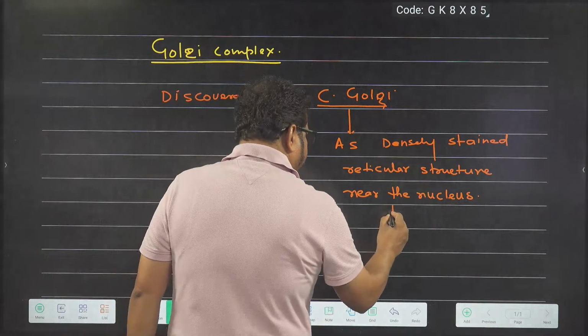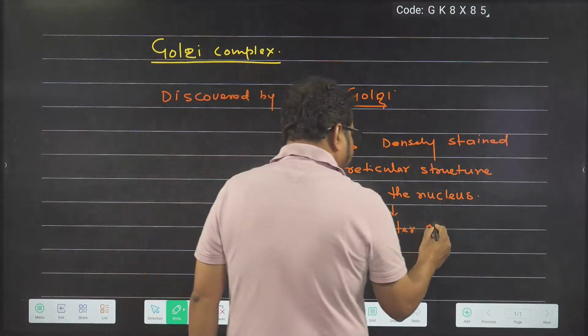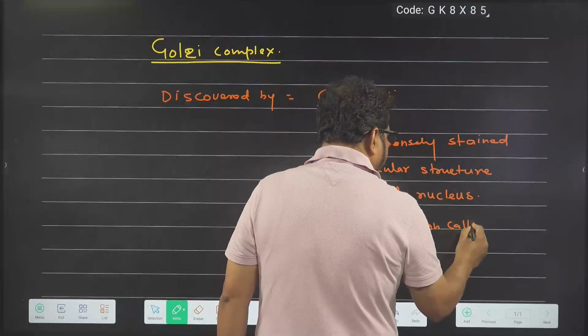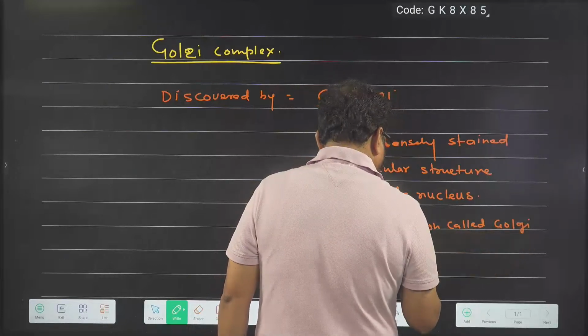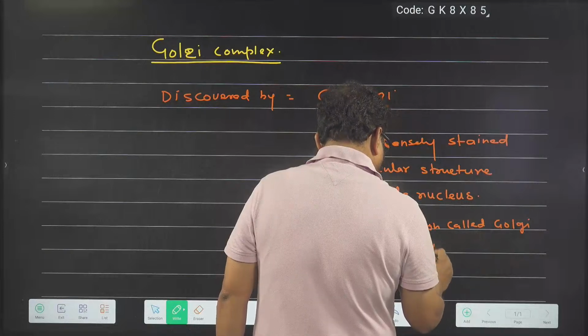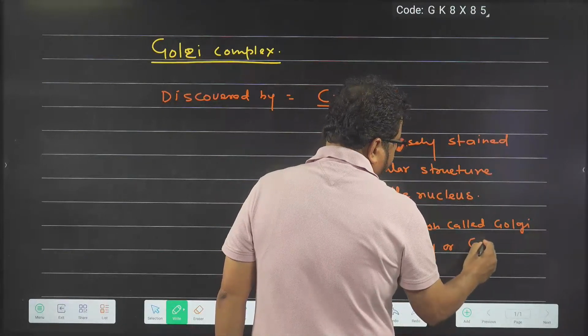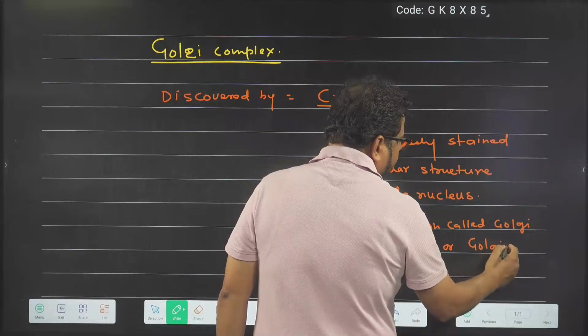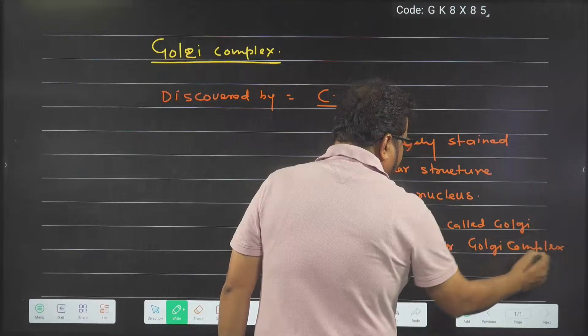Later on it was called Golgi body or Golgi complex after him.